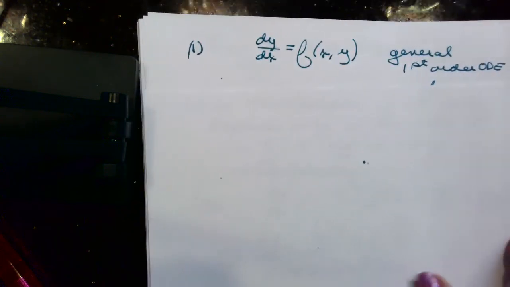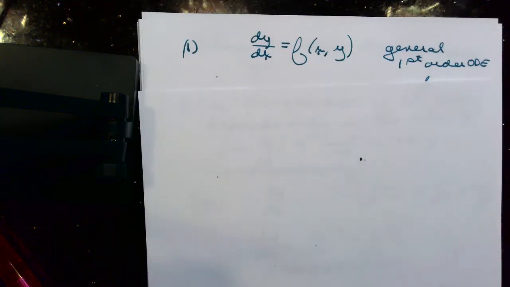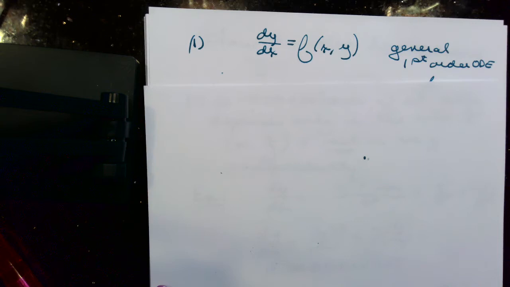So let's get to looking at what we are going to mean by homogeneous in this context and how to solve such equations. So remember, we had our general first order equation could be written as dy/dx is f of x and y.